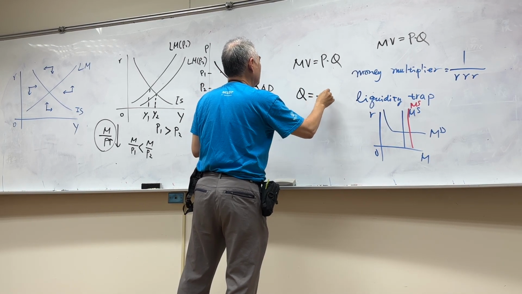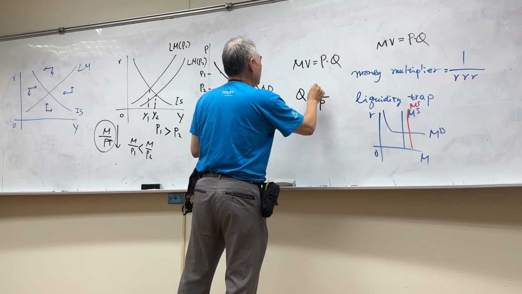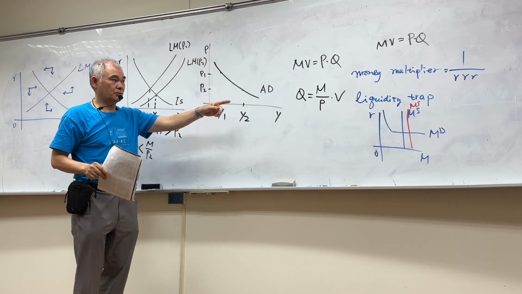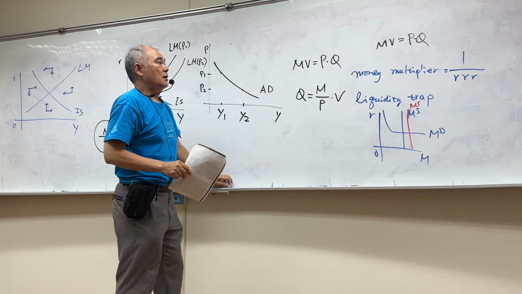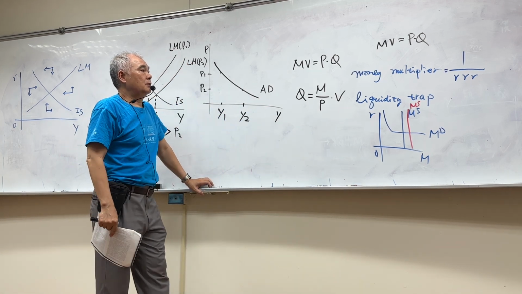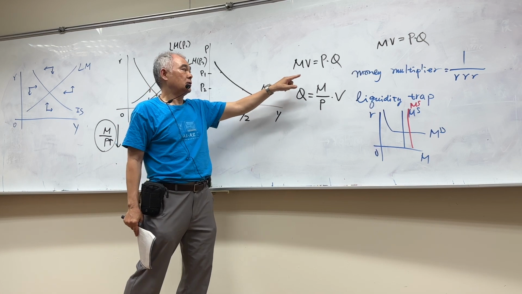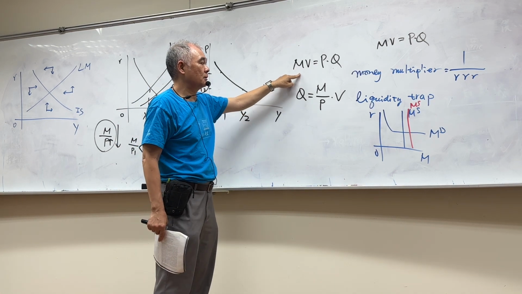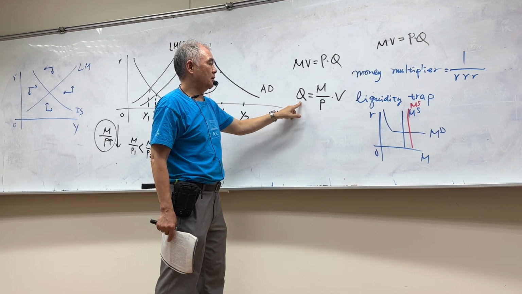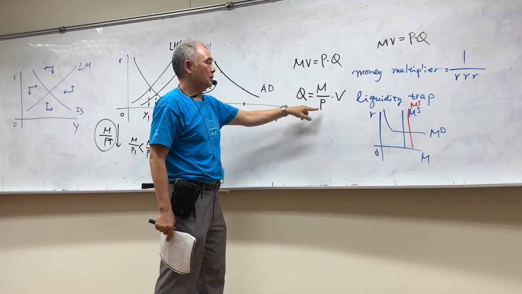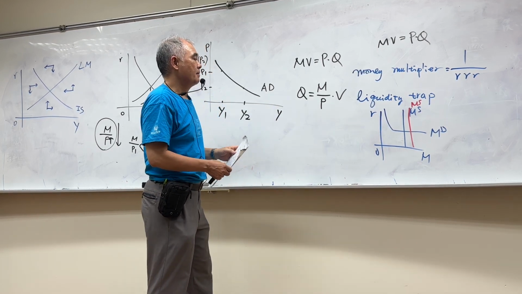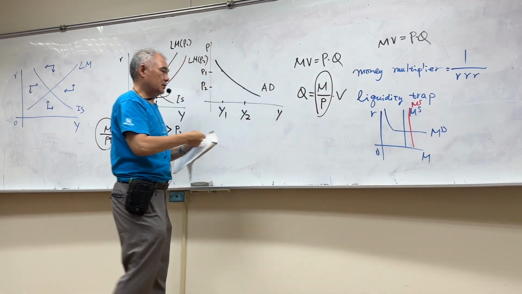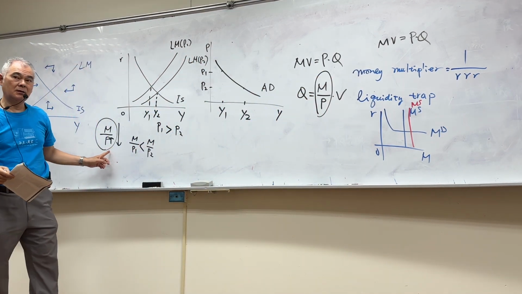Q is equal to P over, sorry, it should be this way. And so when you have the exchange equation, we talk about this exchange equation, and so you can find the relationship between P and Q like this. Exactly what's going on here.